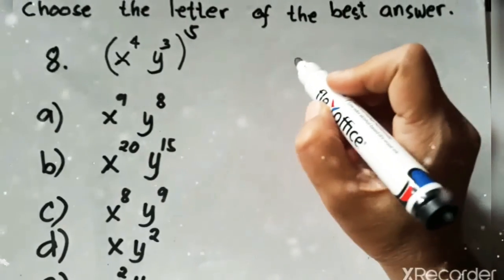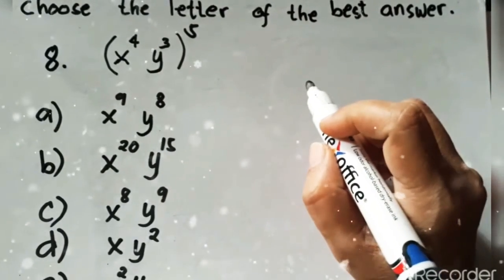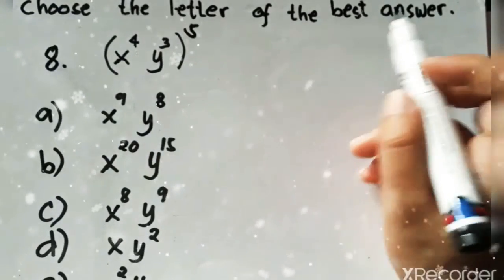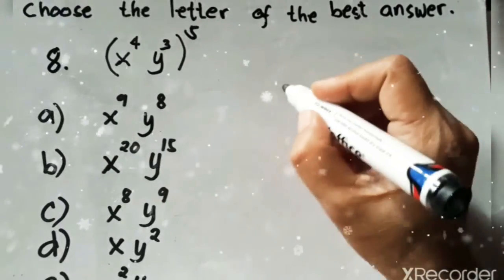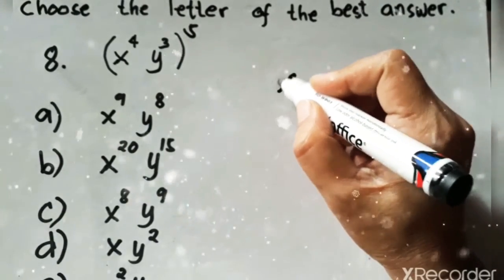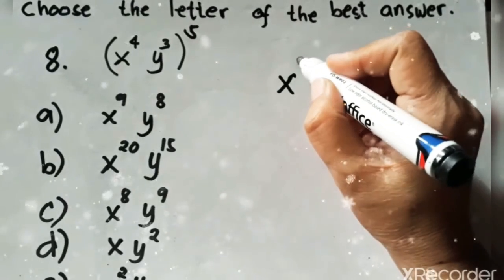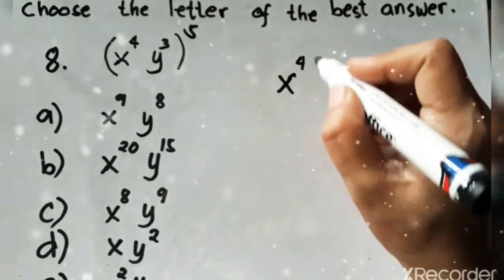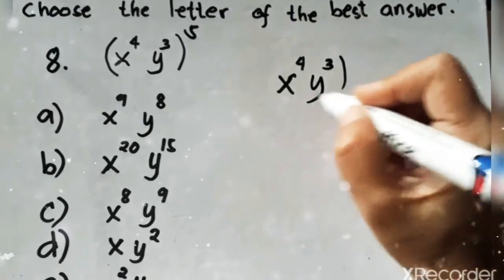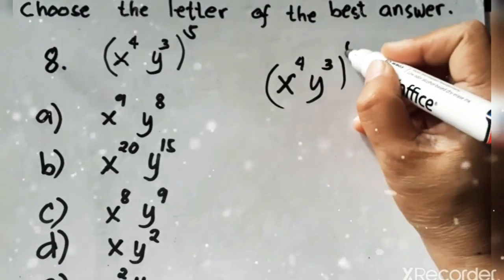In the power rule, to raise a power to a power, just multiply the exponents. So in the case of number 8, our base is x, then the power is 4, for y, 3, and then to the fifth power.